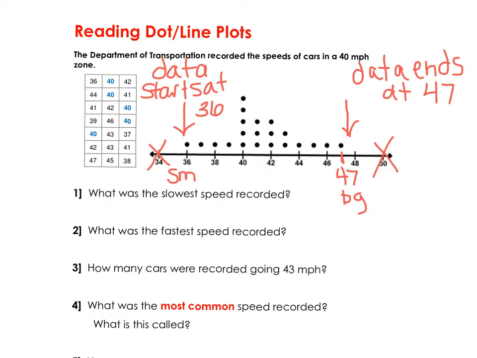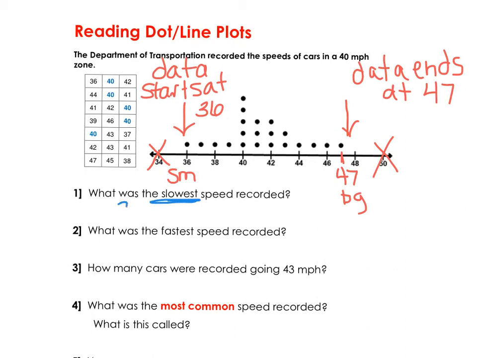So we can go ahead and answer questions 1 and 2 now. Question says, what was the slowest speed recorded? Again, remember, we're not starting at that number line. We're looking for the slowest, which means the smallest speed recorded. So that would be 36, because my very first dot starts at 36.